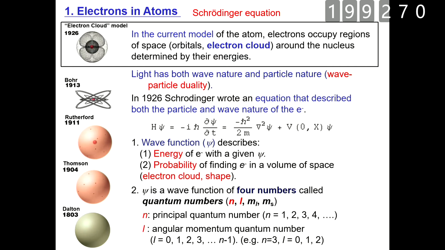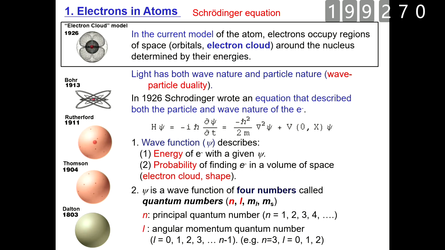I think you should have learned this in physics class. Basically, it means light can be seen as a wave. It also can be thought of as a particle.